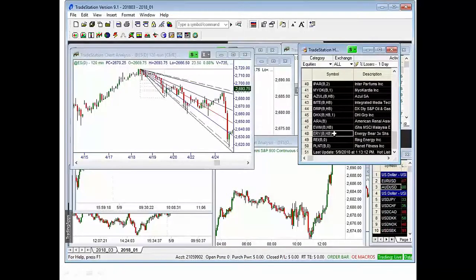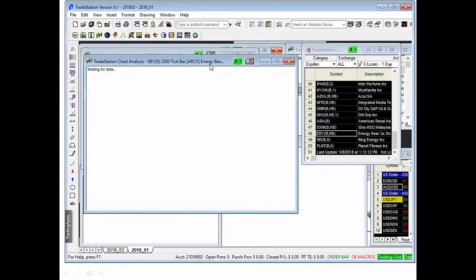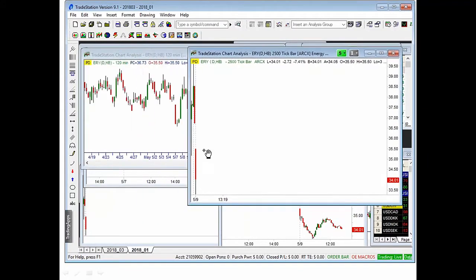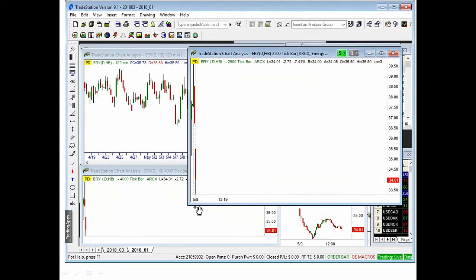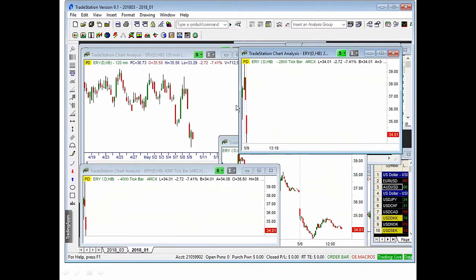So if we look at something, let's find something that's a bit thinner. So this is a 2,500 tick chart on ERY, all right? So 2,500 tick chart, you can't even see movement on this intraday.